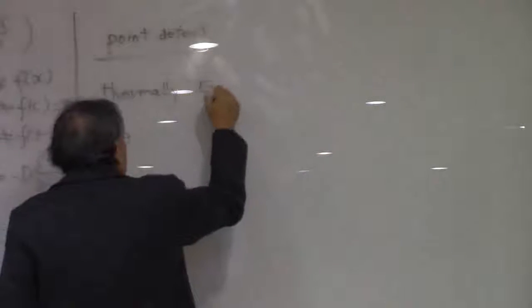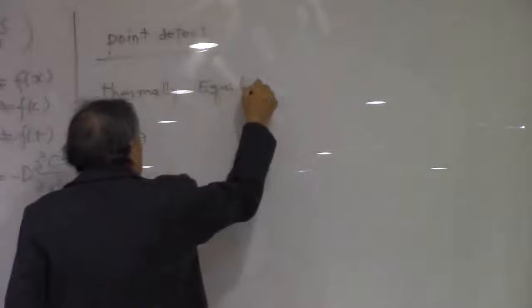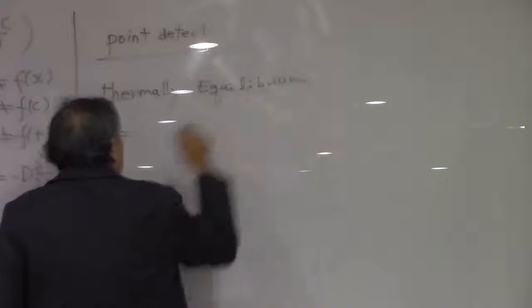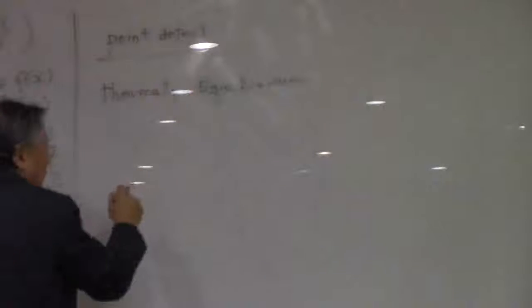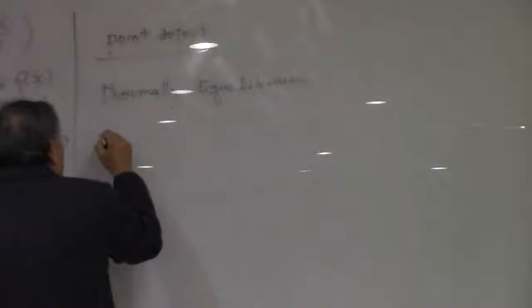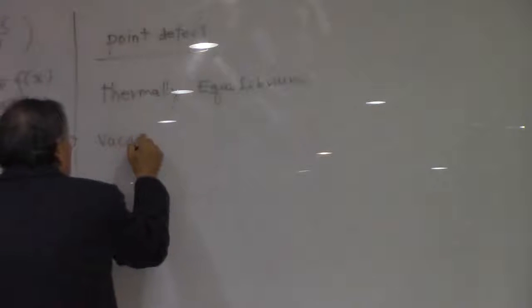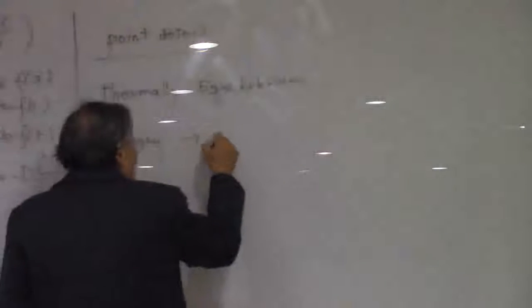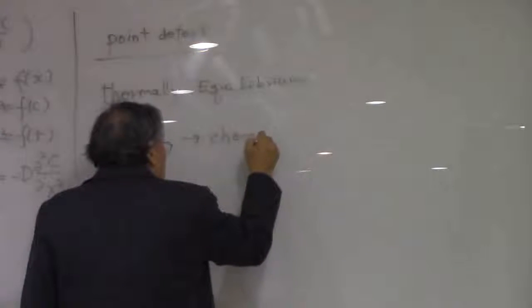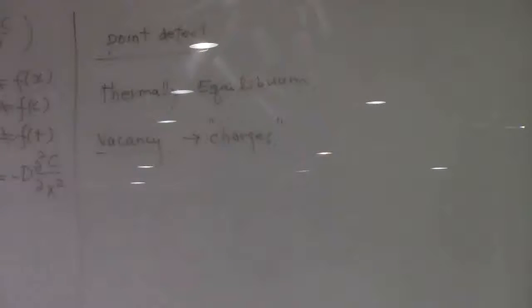And this is the thermal equilibrium properties, so that we can make a prediction of this. And then vacancies, the typical point defect in the silicon is the vacancies, and these vacancies have charges, and that is a very important feature, right?